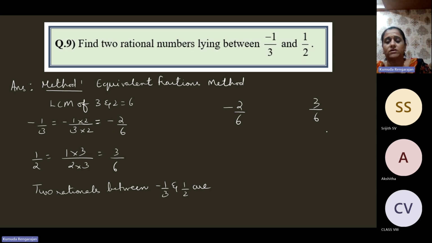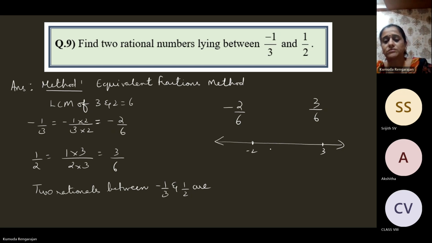Between -2 and 3, what are the numbers between -2 and 3? On a number line, you have -2 here, you have 3 here. Tell me the integers between -2 and 3. Minus 1, 0, 1, 2. So this is -2 by 6, 3 by 6.